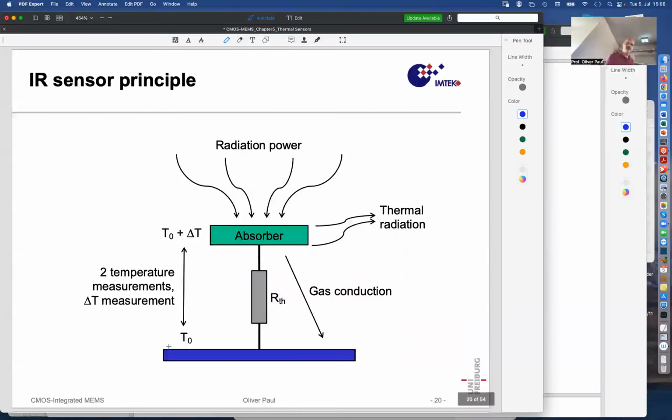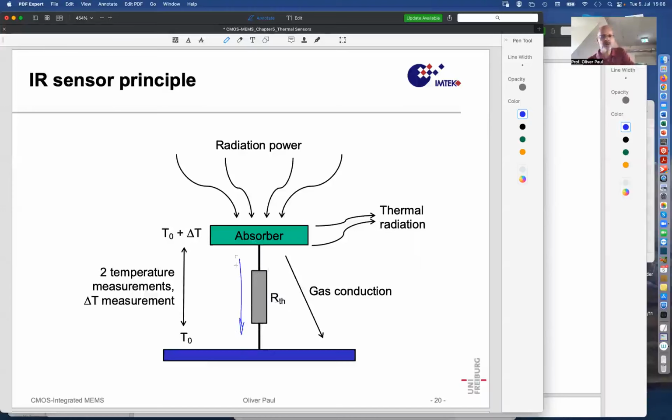So what is the principle of all those? It's essentially that radiative power comes in, is absorbed in one substructure, and that substructure loses its absorbed energy by various paths that we have described. Of course, it is connected to some substrate by some material structures. So there is a thermal resistance through material.